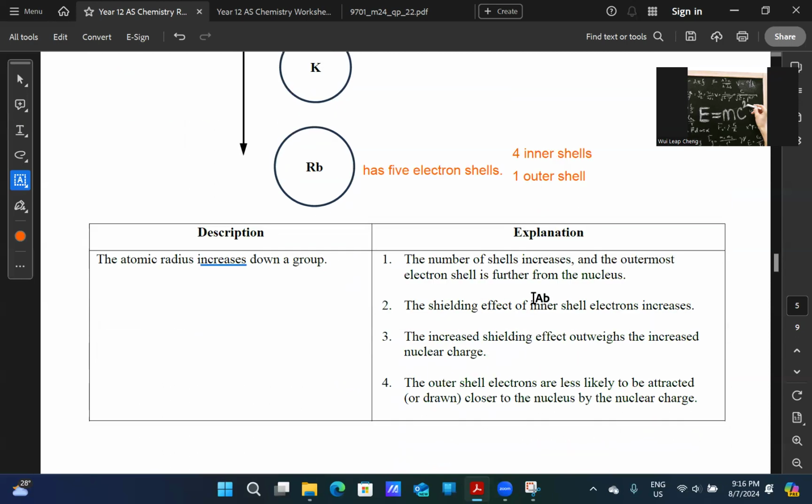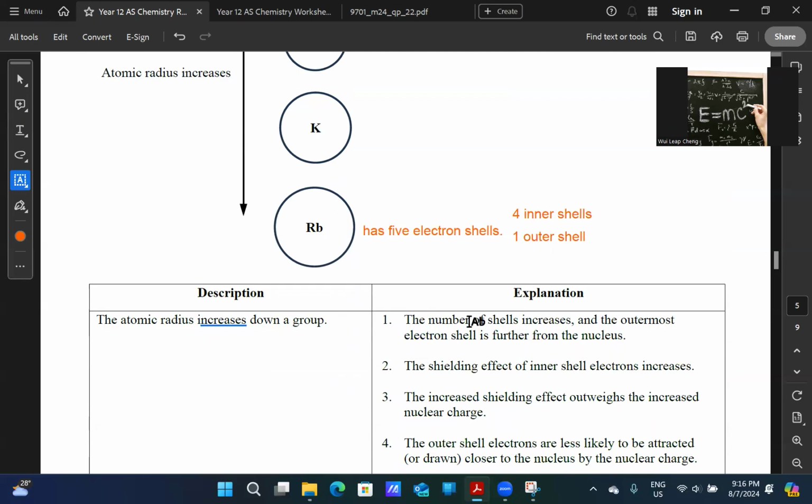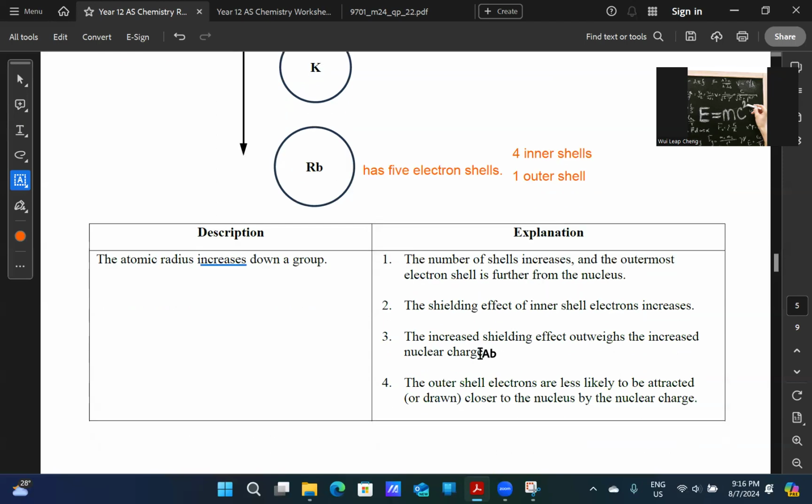So then somebody might ask me, going down the group, the number of protons also increases. Am I right? The nuclear charge also increases. But you need to know that between the nuclear charge and the shielding effect, which one is more important? Which one gives more impact?